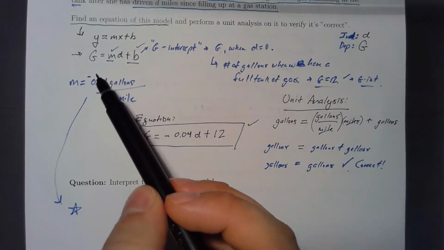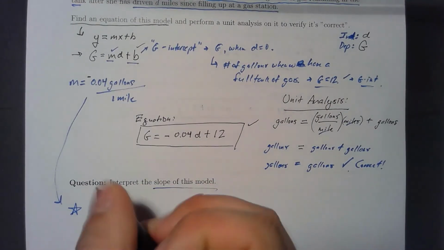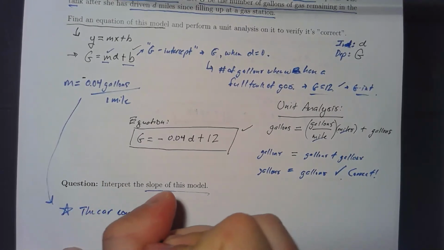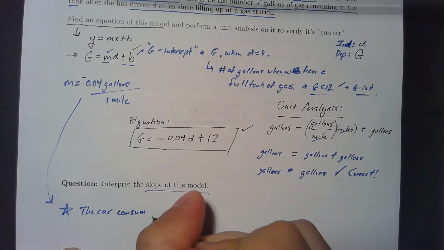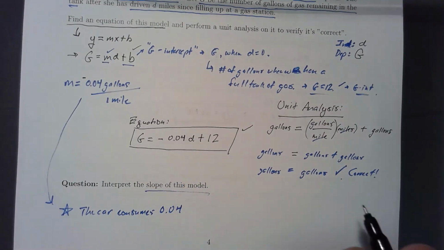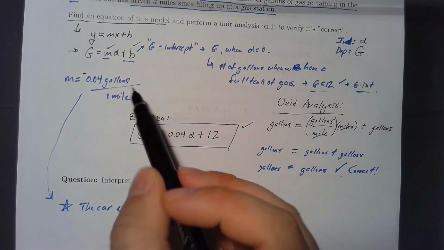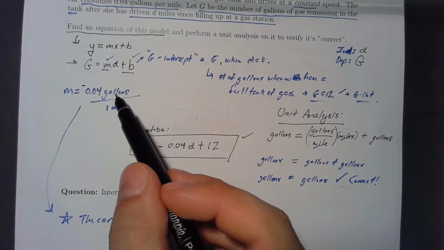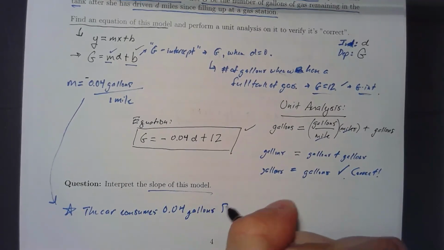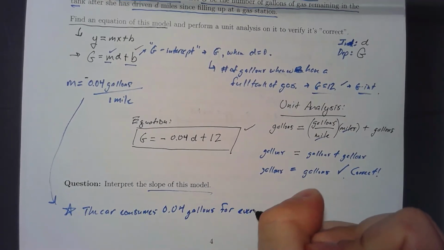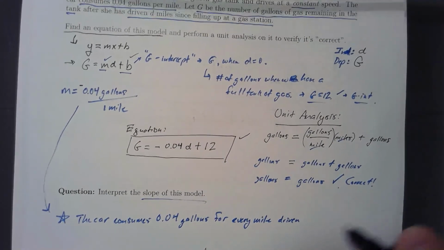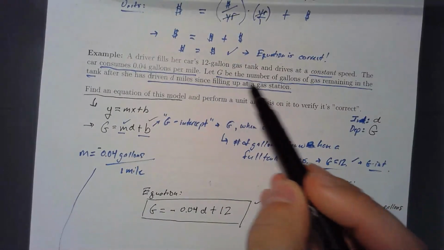Since this is negative, this means the car consumes 0.04 gallons for every mile driven after filling up at the gas station.